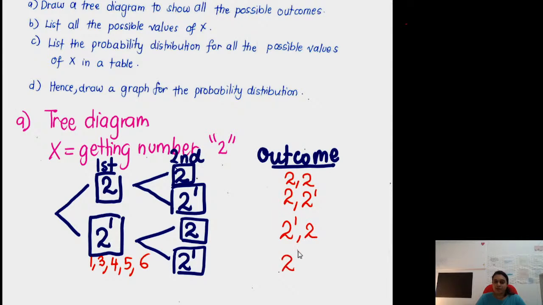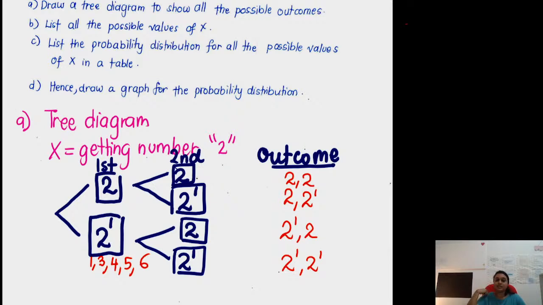The fourth one, 2 prime, 2 prime. Okay, done. This is your tree diagram. This already shows a nice layout. First time you toss, what you get. Second time you toss, what you get.